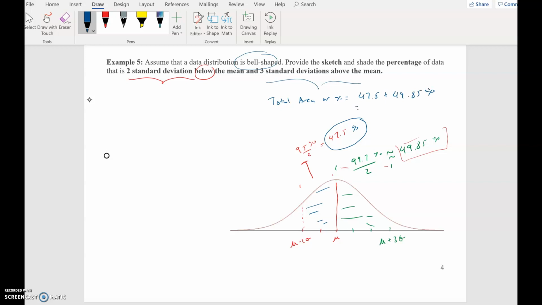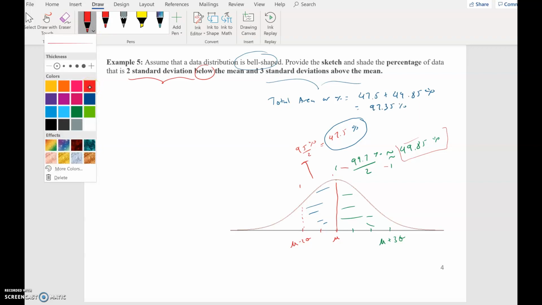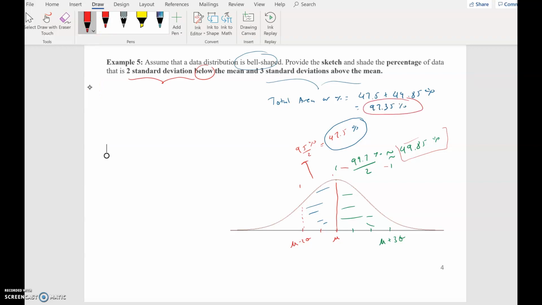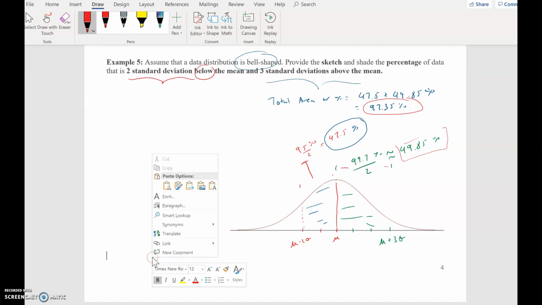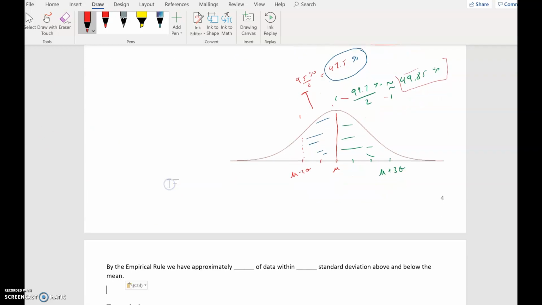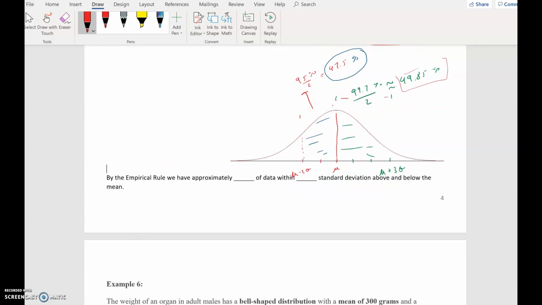So it's going to give you a total of, and please check this to make sure that you're matching, 97.35%. That's what I'm getting on, well, only 2 below and 3 above. And you still have to technically conclude the same sentence, except that we just have to mention in this particular one that it's not within.